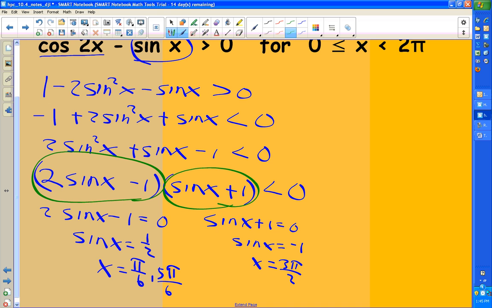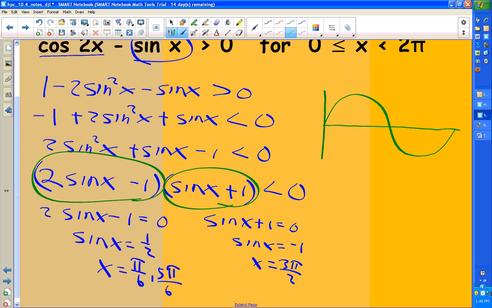When is 2 sine x minus 1 going to be less than 0? Since we're talking about the sine curve, it might be helpful for you to realize what you're looking at. So where is 2 sine x minus 1 going to be negative? We could say sine x has to be smaller than a half.